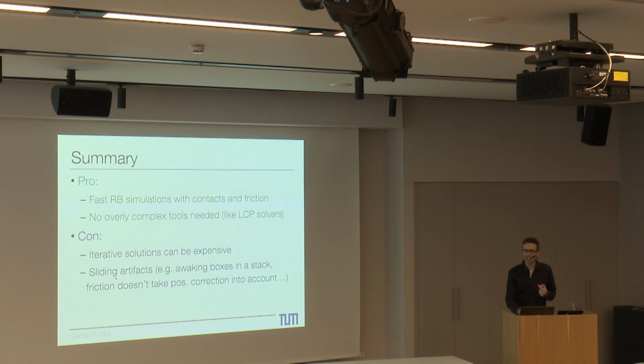And you can still, in certain situations, get things like jittering objects and some sliding artifacts, but I would say it's still a fairly decent overall quality of rigid body simulation that you can get out of a simulator with all of these extensions.